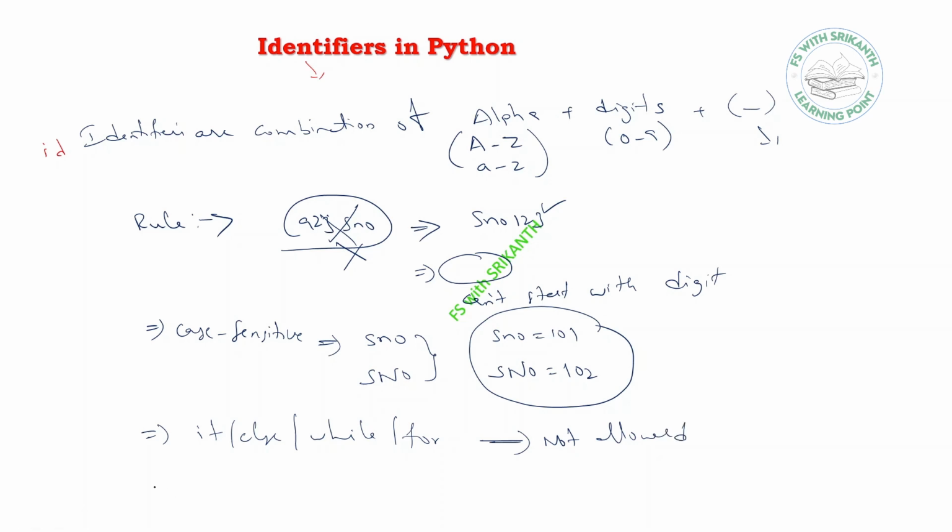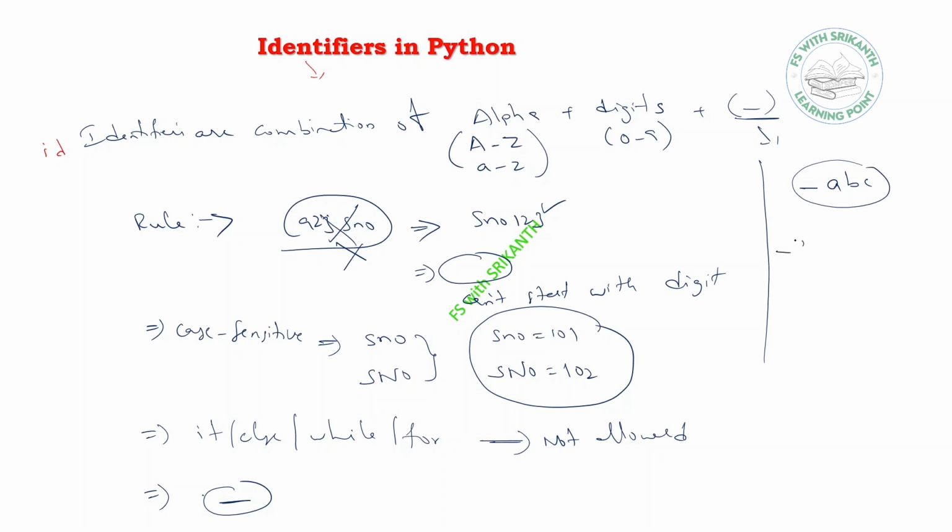And the underscore symbol you can use in a variable name, but you should not use it as the first letter of an identifier. Suppose you declare a variable with an underscore, like _abc. While accessing this variable you may face problems. Why?